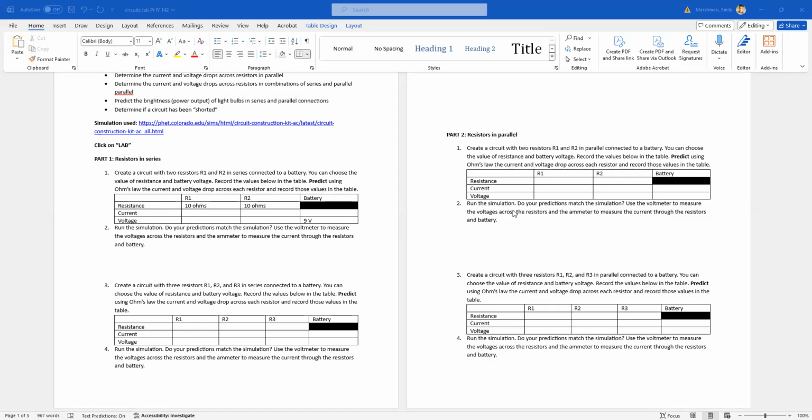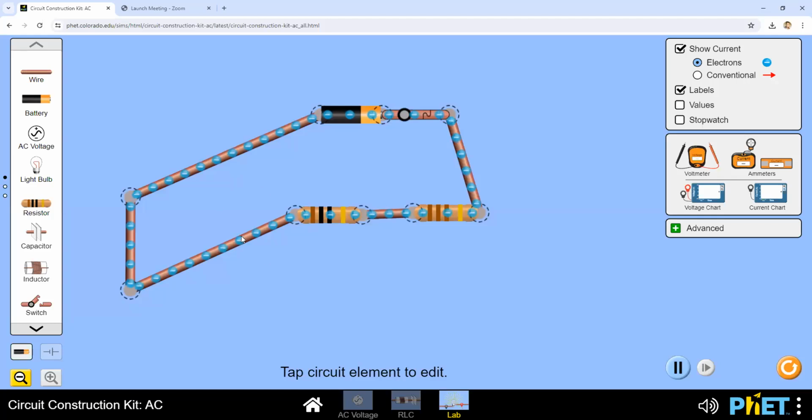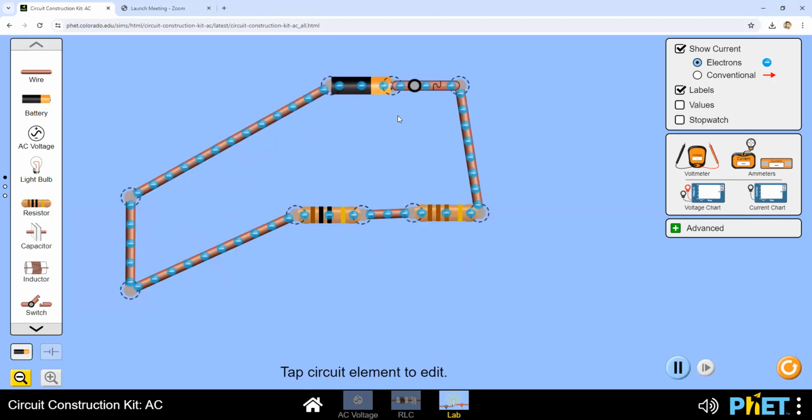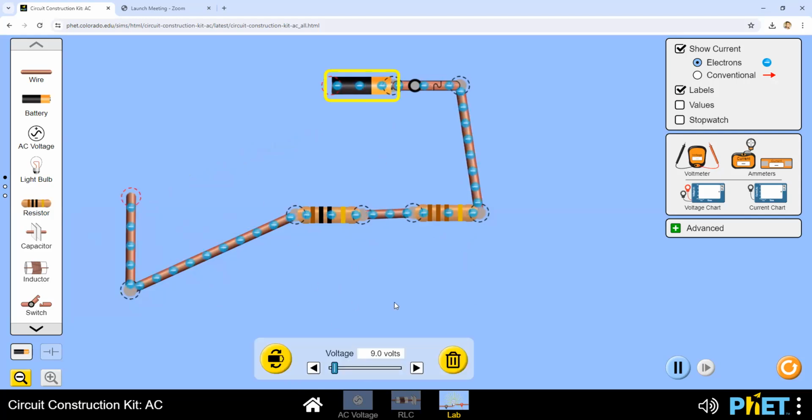Make the prediction first and then check it, right? I know that there's a way to delete these things. Okay, yeah, to delete it, just click on the circuit element and then trash.